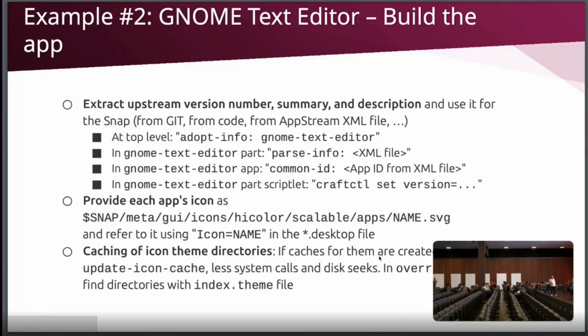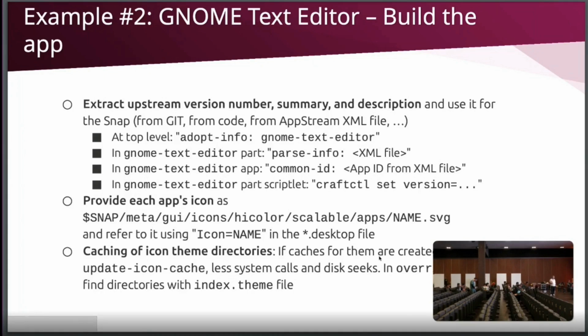To take over the version number from something in the source code, you do this in the GNOME text editor part. It must be in some override-pull or override-build. You add craftctl set version equals something, and the something extracts this version number from the source code.